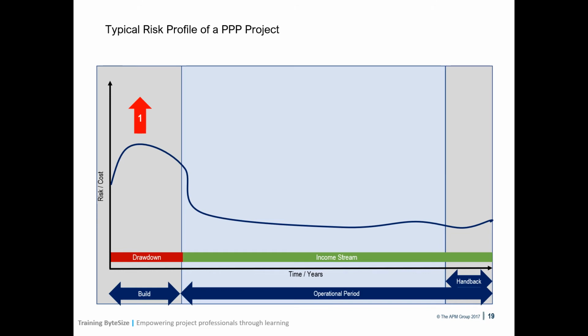And that's the period during which the SPV will be drawing down its loan from the bank in order to pay its building contractor. Then we move into the operational period, when the risk falls dramatically. Although initially there might be some additional level of risk associated with setting up the services, with setting up the systems associated with the delivery of the contract.